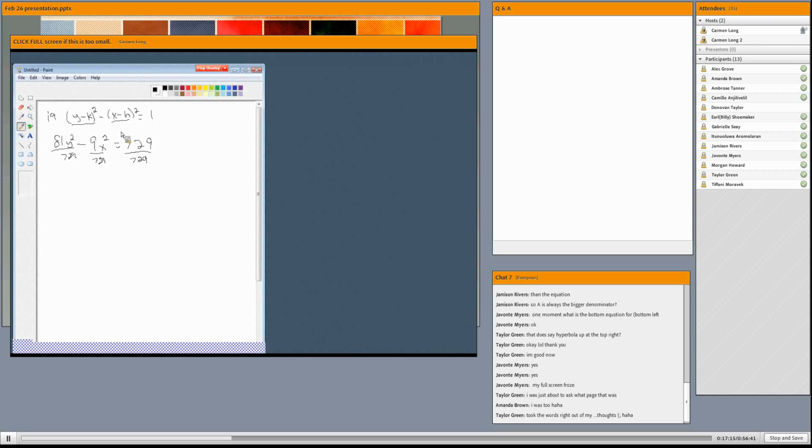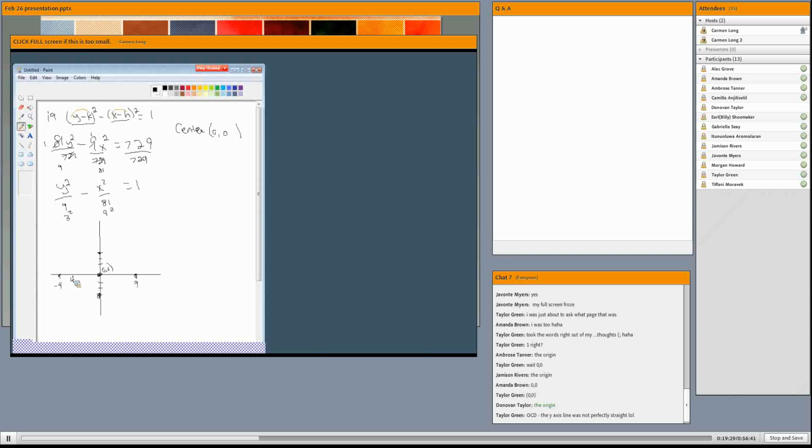And I'm going to go to the right 9. If this was an ellipse, we would connect our dots, and there we go. Our foci would be here and here, but it's not an ellipse, so we know our focus point's going to be here and here, and we know because y is, oh wait, no, it's not going to be there and there. That is incorrect.